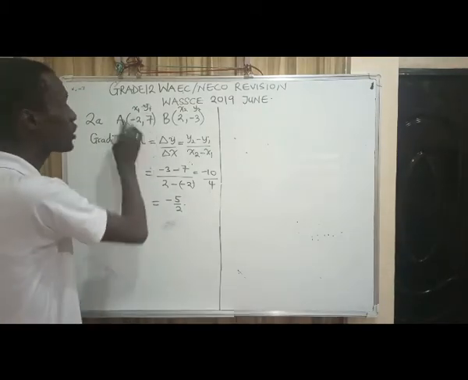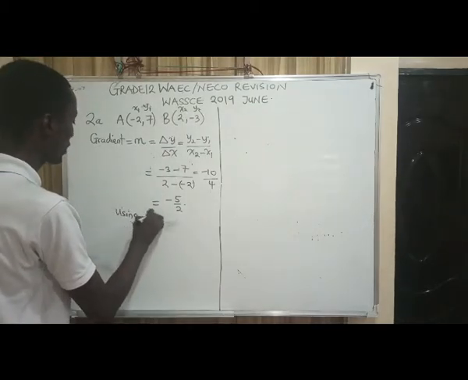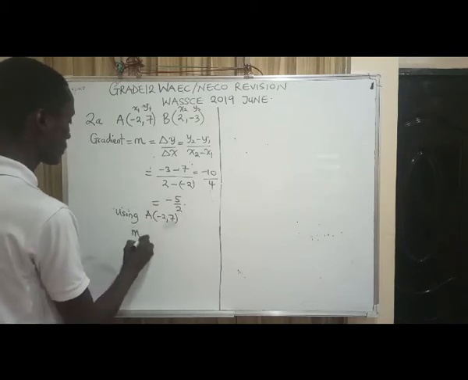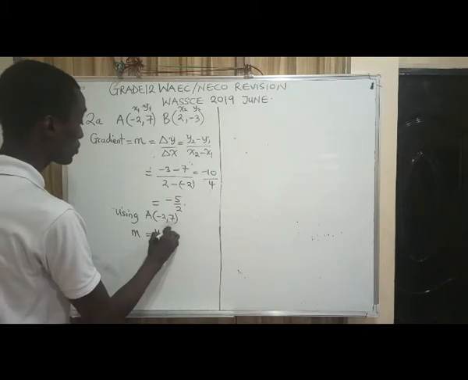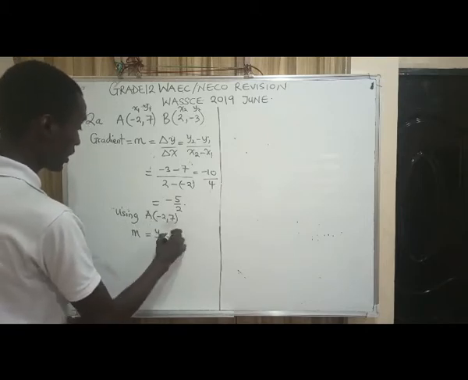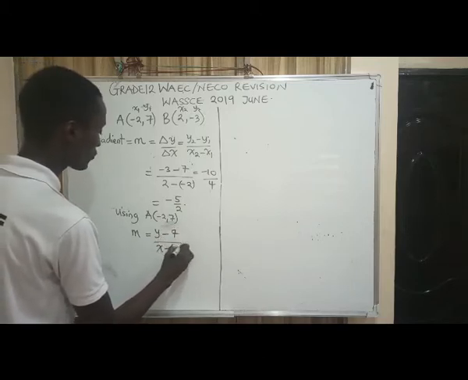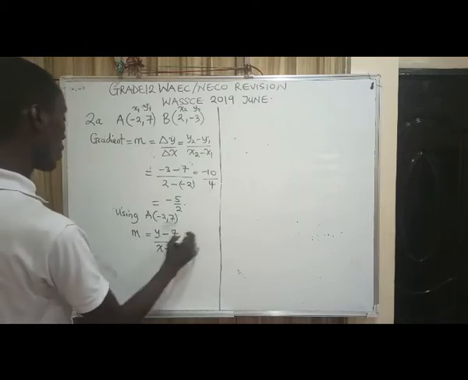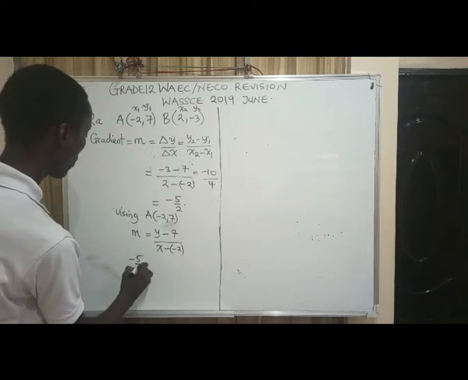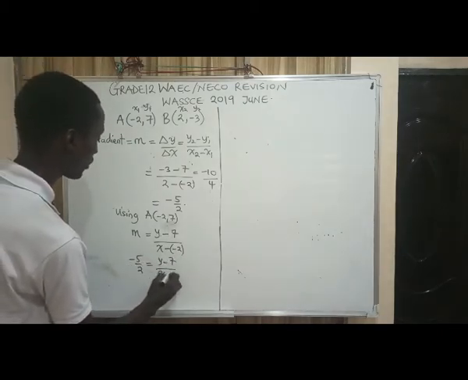Using -2, 7, my slope m will be equal to y minus 7 over x minus -2. Now in this setup, my m is -5 over 2. That will be -5 over 2 equal to y minus 7 over x plus 2.